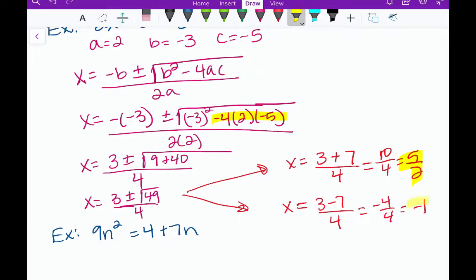So my two solutions are 5 over 2 and negative 1. I would write them as ordered pairs, representing the x-intercepts. Those are my two solutions.